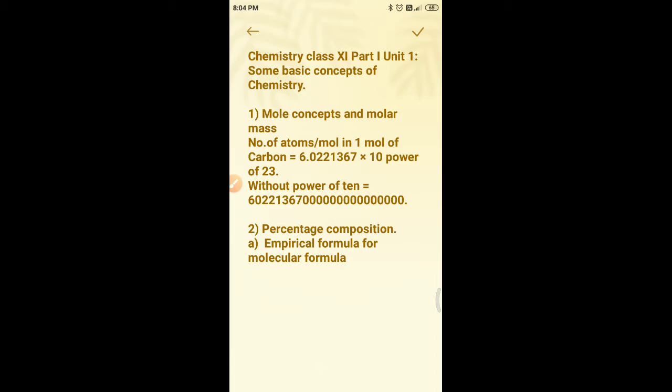To appreciate the largeness of this number, let us write the same thing, 6.0221367 × 10^23 atoms per mole, without using a power of 10. It becomes 602213670000000000000000, as you can see here in the video.